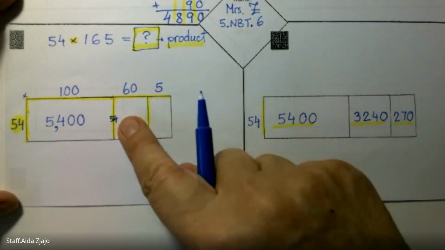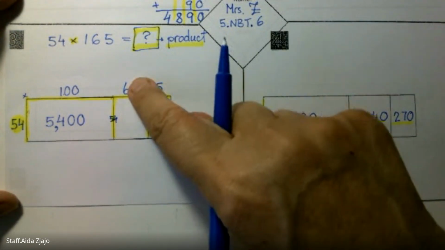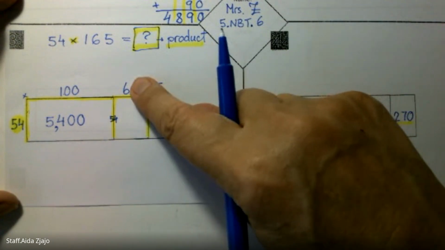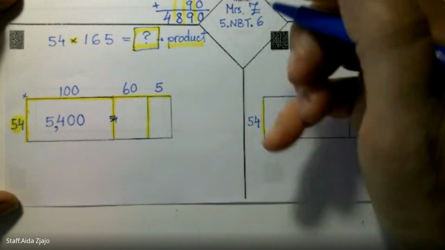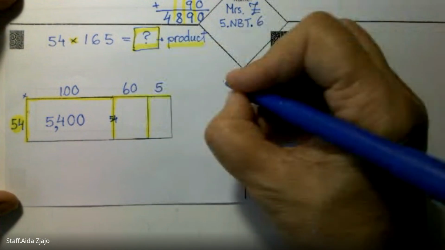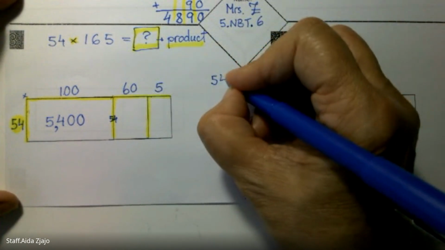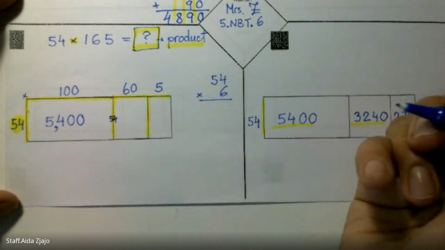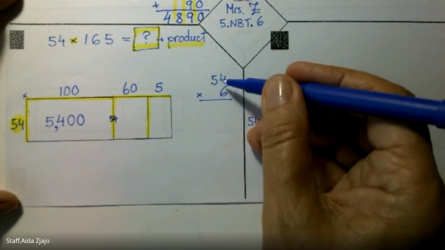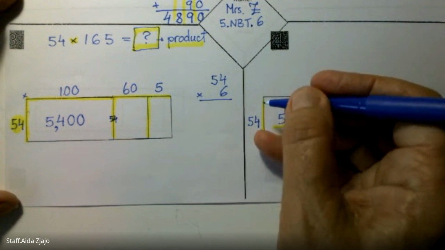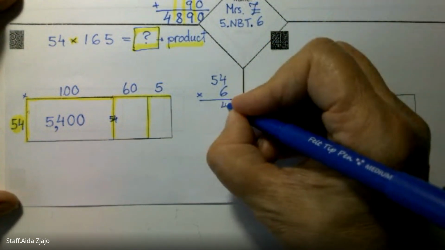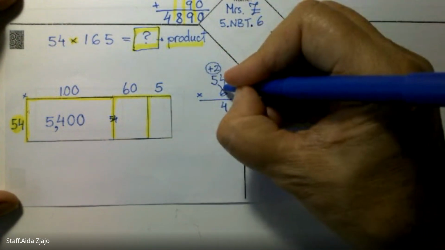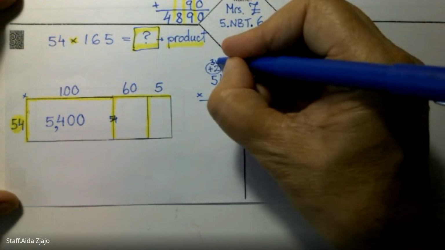Now, this is more difficult for kids to understand. What is six 54s? You could easily multiply 54 times 6 using the standard algorithm, or you can do 54 six times and add. 6 times 4 is 24. I remember 2. And 6 times 5 is 30.